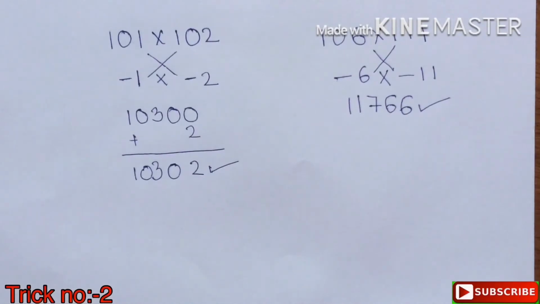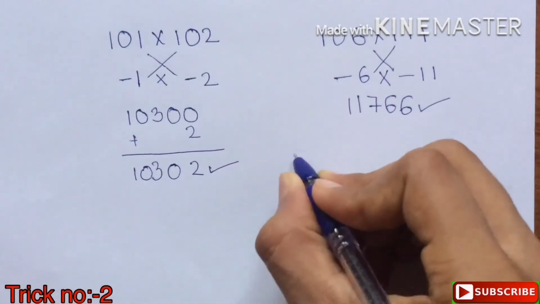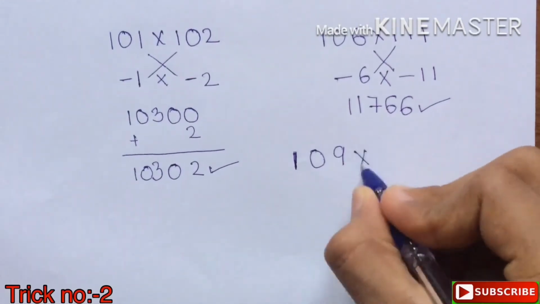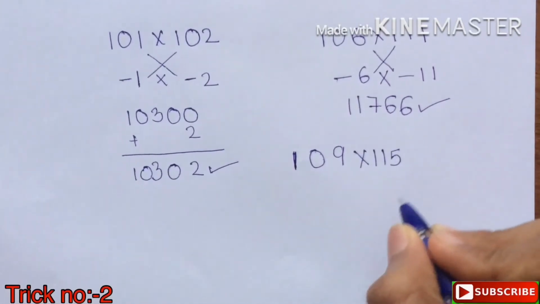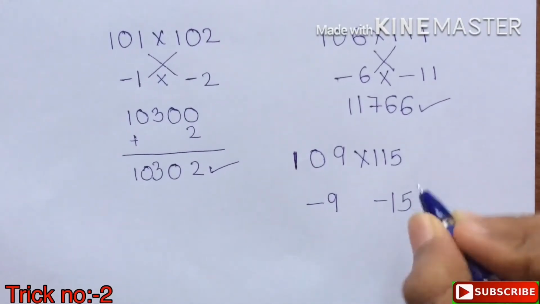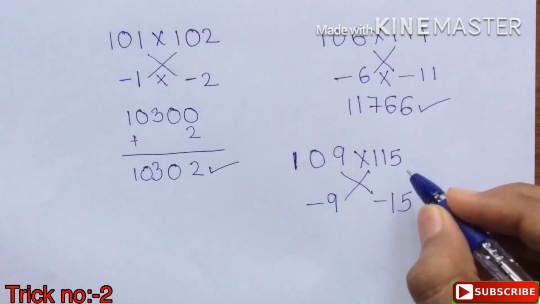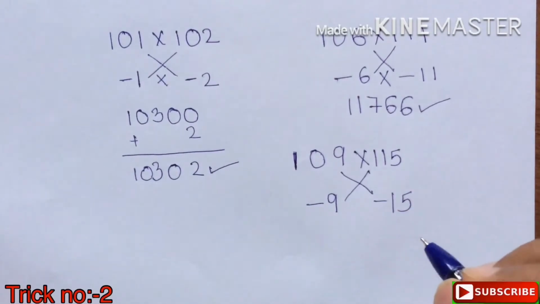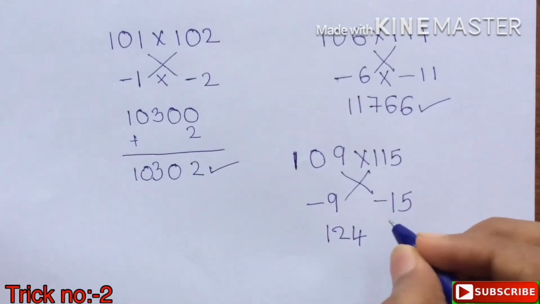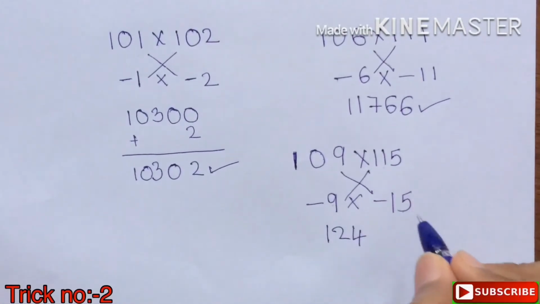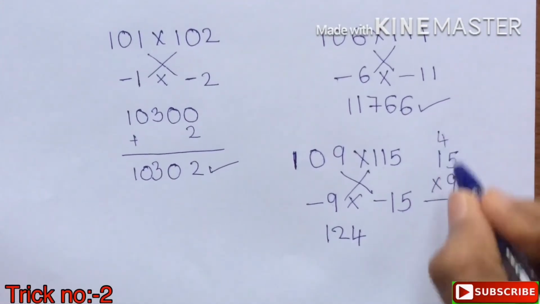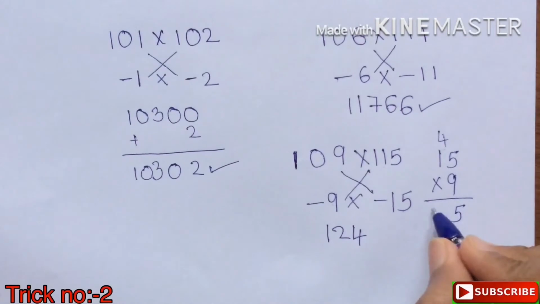Now we are taking our final example in trick number 2. It is 109 multiplied by 115. Here minus 9 and here minus 15. Cross addition, 115 plus 9 is 124. Right here 124 and 9 multiplied by 15 is 15 multiplied by 9. 5 9s are 45 and 9 1s are 9. 9 plus 4 is 13.